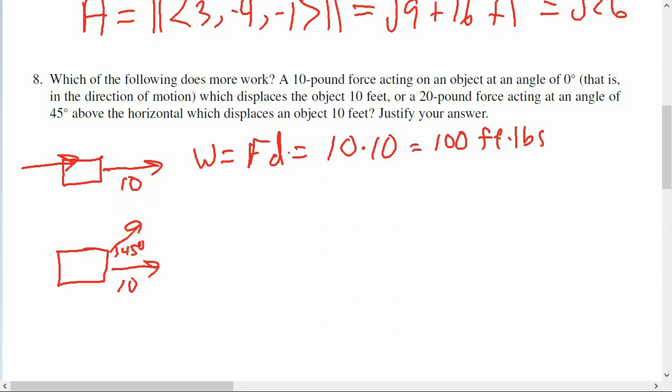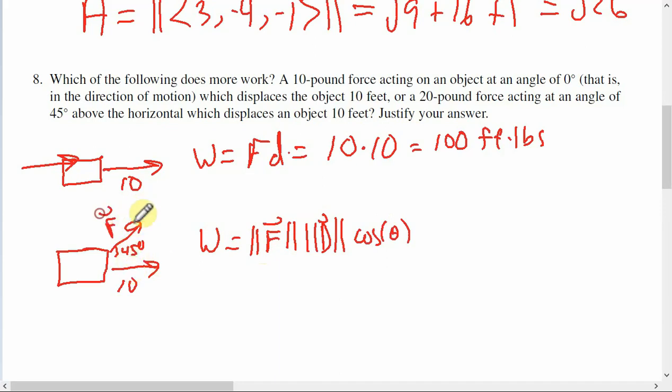Okay, so in this setup, remember we derived that the total work is a dot product, but you can't quite just go straight to the dot product unless you find the force vector itself, but it's the magnitude of that force vector times the magnitude of the displacement times cosine of the angle between the two. And since this is going horizontally, that angle is 45 degrees between these two.